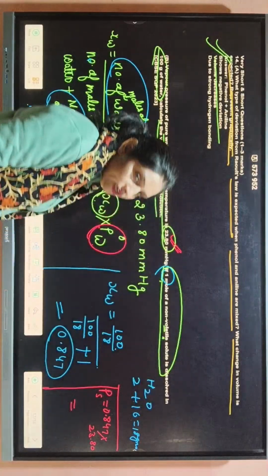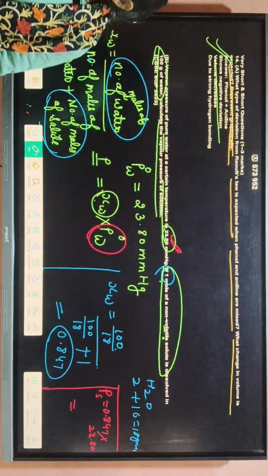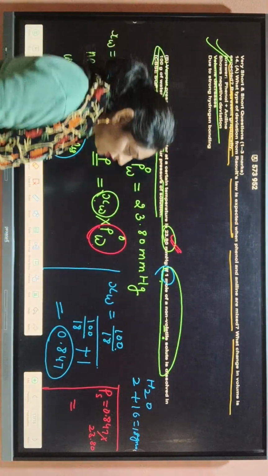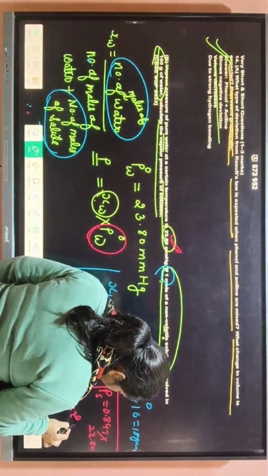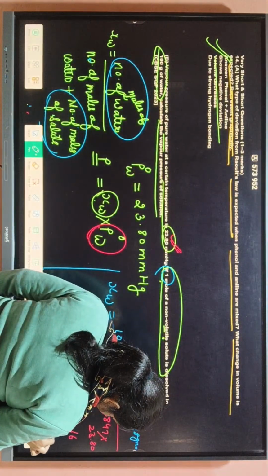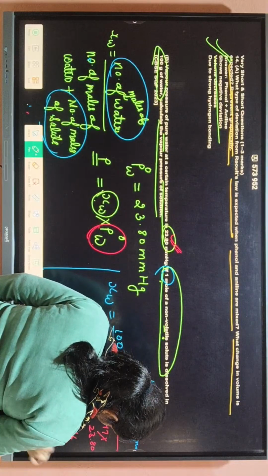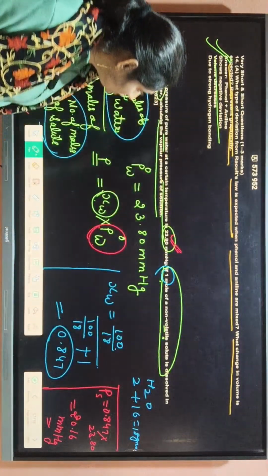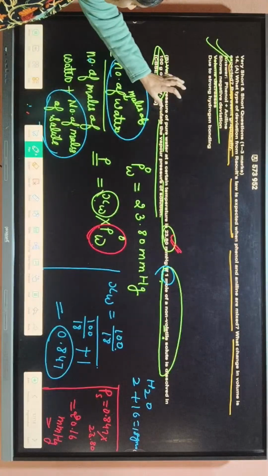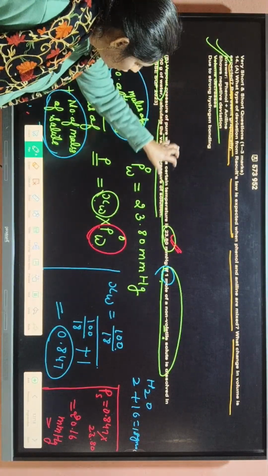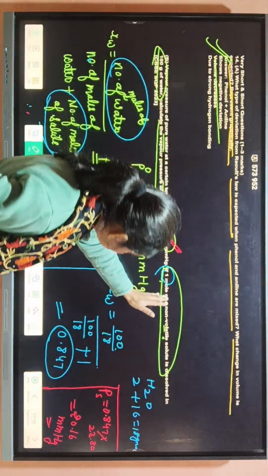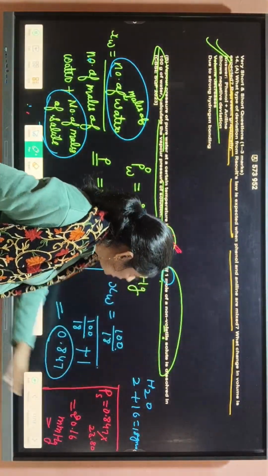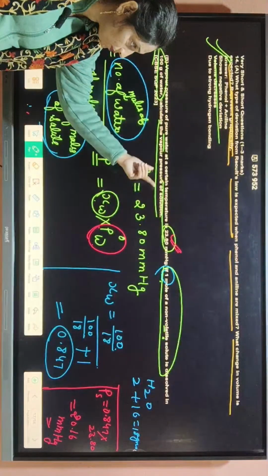You put in the values and calculate, and after calculating you will get around 20.16. Here you need the vapor pressure of pure water, and the solute moles are given, to calculate the vapor pressure of the solution.